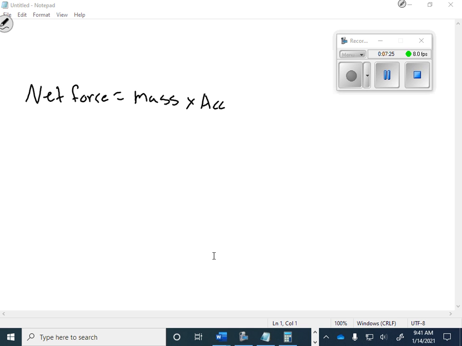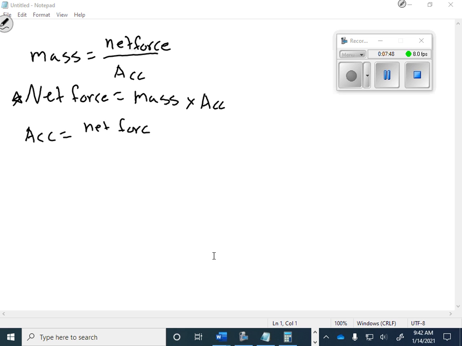Sometimes you might use it the way it is already. Sometimes you might use the equation to look like mass is equal to net force divided by acceleration. And sometimes you might use acceleration is equal to net force divided by mass. Which one you use just depends on the problem.